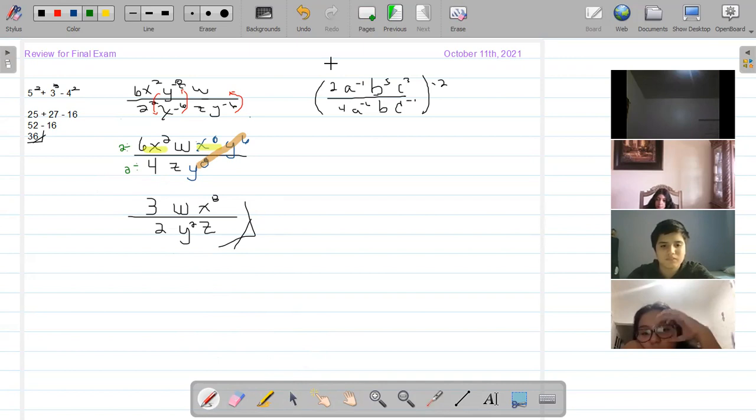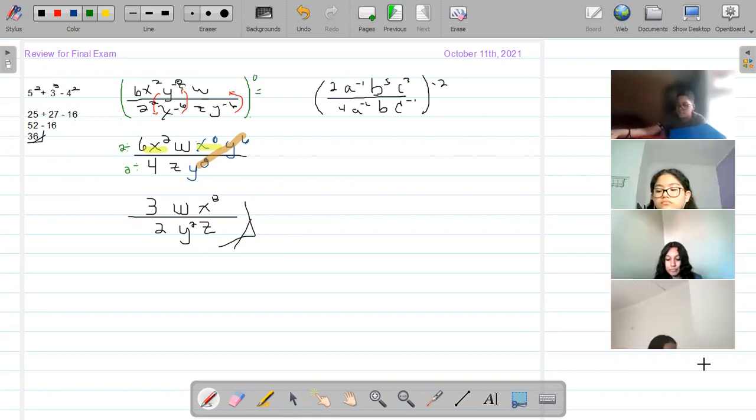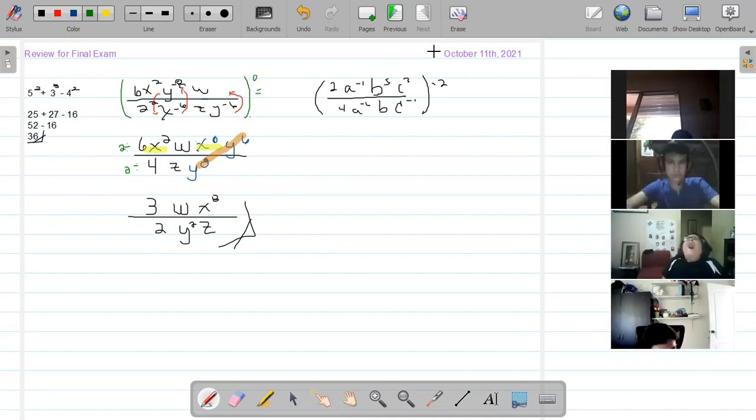Now, question. If I had this in between a parenthesis and I had an exponent 0, what would be my answer? 1. Why 1?